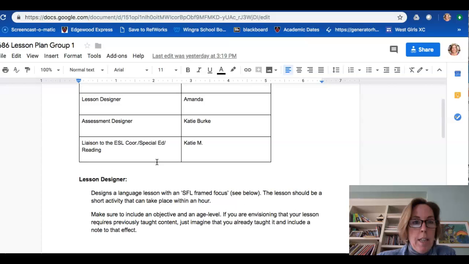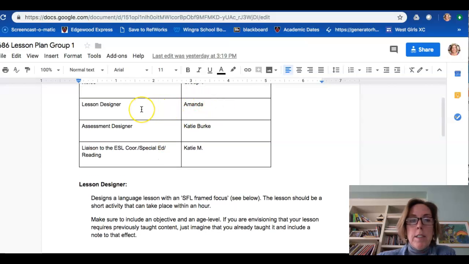So Amanda here would design the lesson and post it, and then Katie would come in and design some assessment that goes with that lesson. And then this is a really interesting role here.